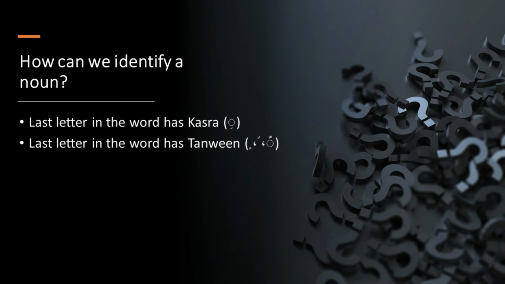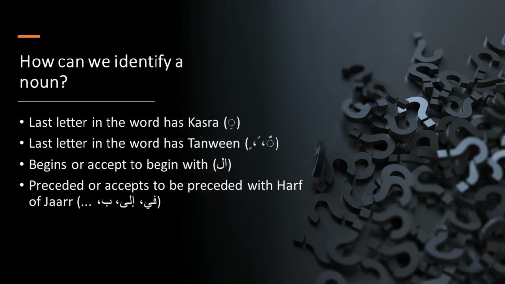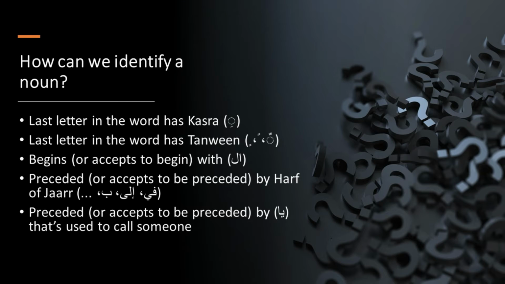The third sign is that it begins with al, alif lam, al. The fourth sign is that it is preceded by a harf, what we call harf jar, like fi, ila, ala, and so on. The fifth sign is that before the word you are looking at, there is ya that we use to call someone. So these are indications that the word you are looking at is a noun.